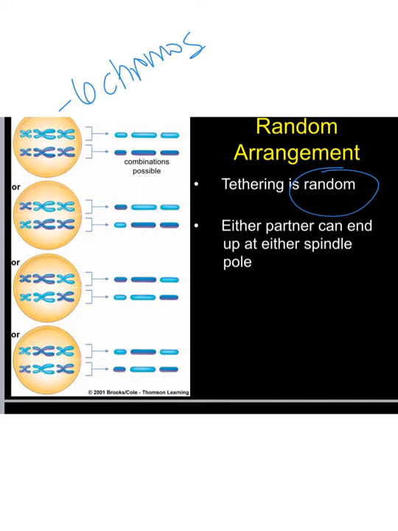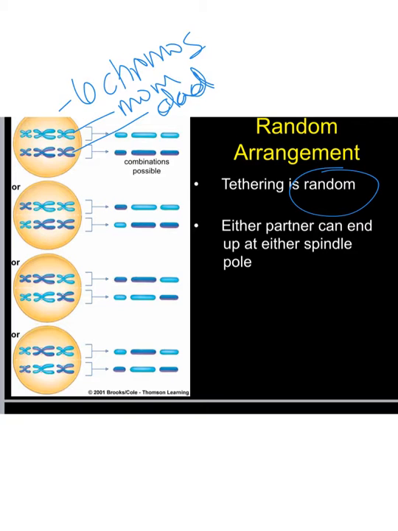They're all duplicated because they've all gone through S phase, but we have 6 chromosomes in each of these cells. So let's say that the light blue ones, for example, came from your mom, and the dark blue ones came from your dad. The way that these chromosomes can line up along the equator gives us varying combinations of chromosomes in our daughter cells.